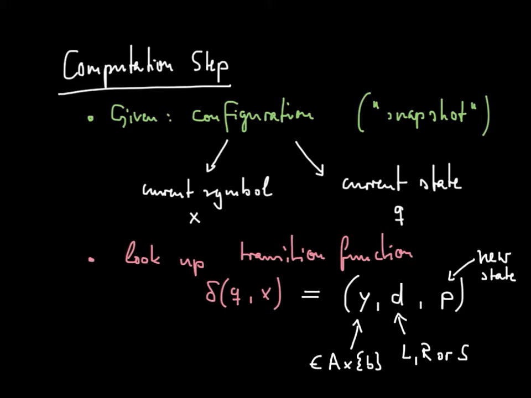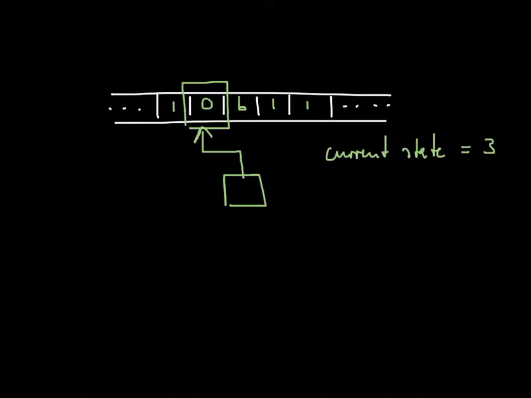So the idea would be to say, well, if I am currently in state Q and read symbol X on the tape, at the position that my read-write head points to, then replace the symbol X by symbol Y, go in direction D, left, right, or stay put, and enter a new state P. So for example, assume this would be our current state of the tape, and the current state would be 3.